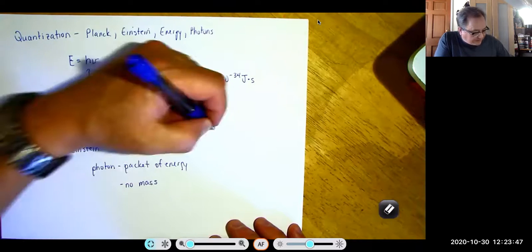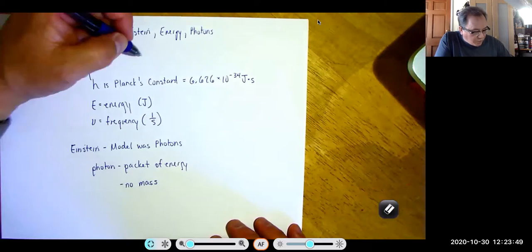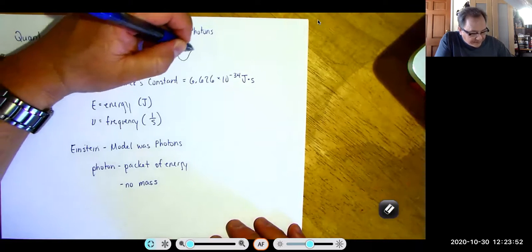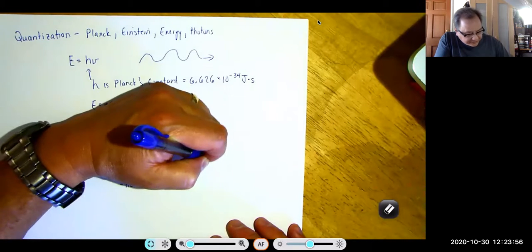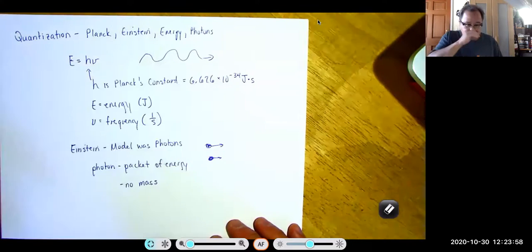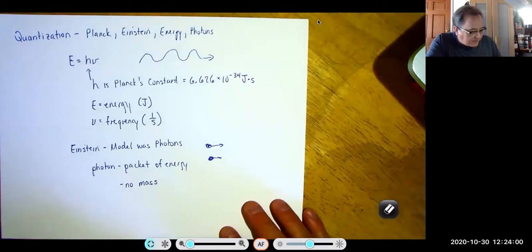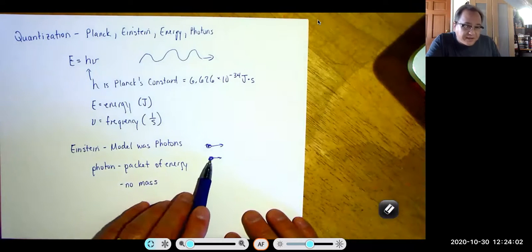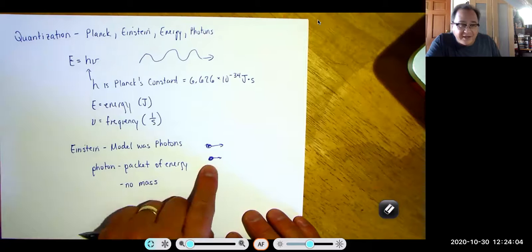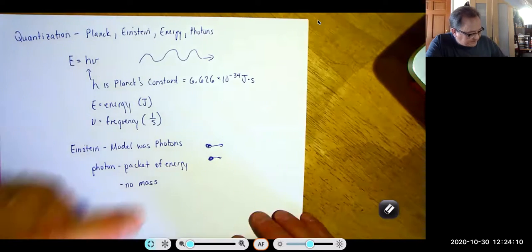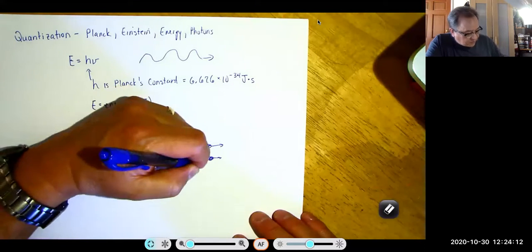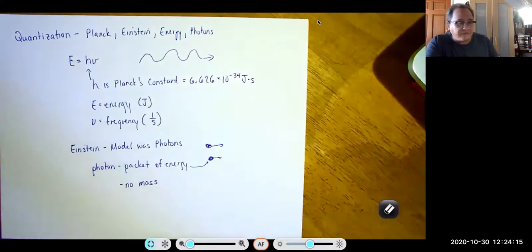So instead of the wave form of energy, you now have these little photons of energy. Now here it's kind of a mistake for me to draw these things because then it looks like a ball, right? And it's not. It's just a packet of energy. So no mass, just pure energy flying through the air.